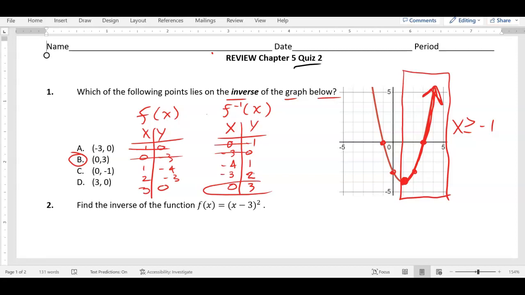And so again, if you were to plot these new points, it'd be -4, 1, -3, 2, 0, 3. All right. So 0, 3 is on the inverse. All right, so make a table, flip it, and see which one is in the answer choices.